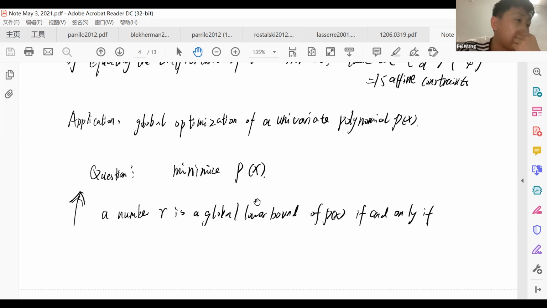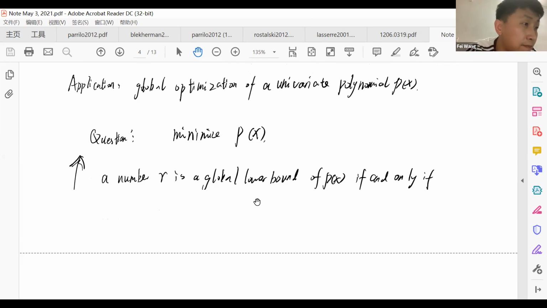First, let's see the following question. We minimize p(x), where p(x) is a univariate polynomial, and this is an unconstrained optimization problem, so no other constraints.